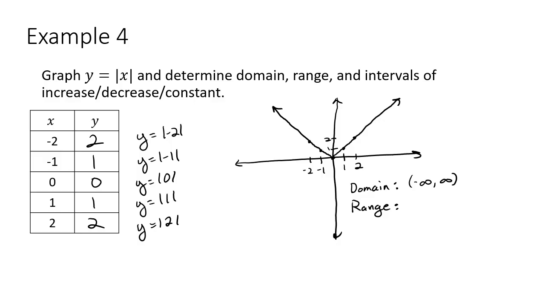The range, our lowest y value on this graph, is 0, and it goes forever up to a positive infinity for y. And then again, no constant. To the left of the vertex, the function is falling from left to right.